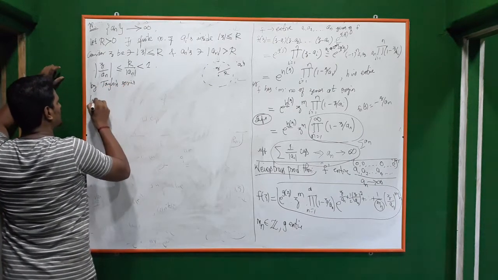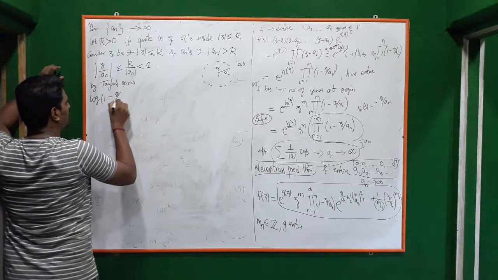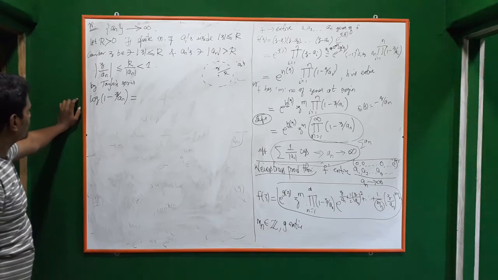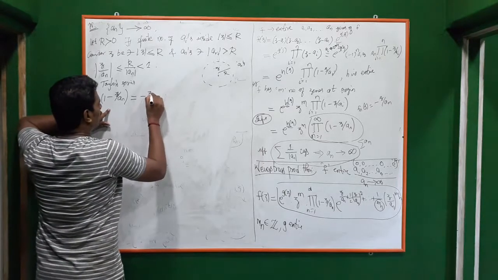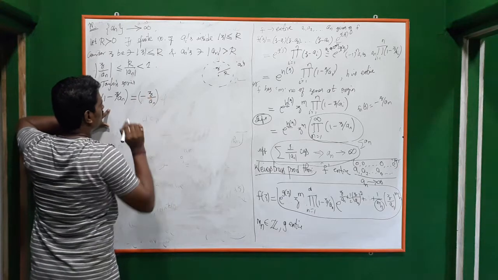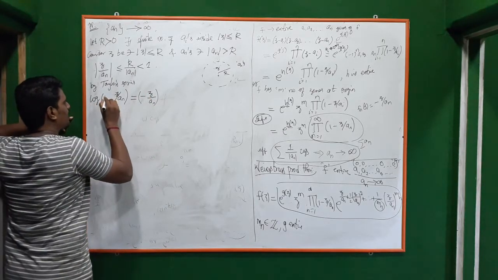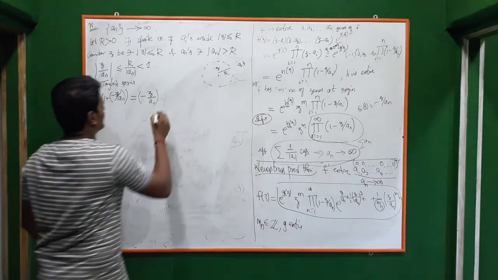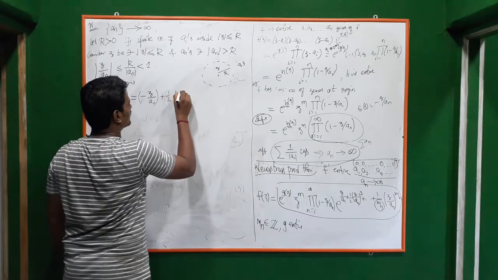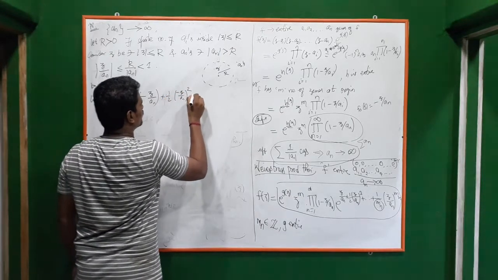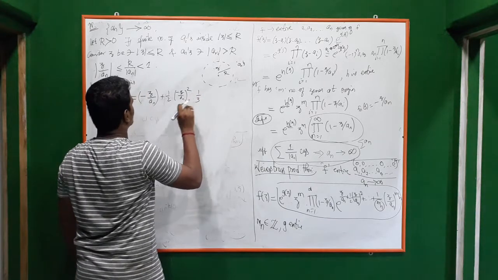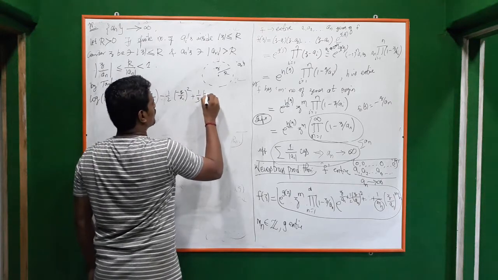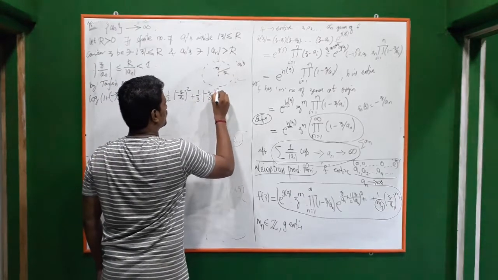of log(1 − z/a_n), this way: log(1 − z/a_n) equals −z/a_n − (1/2)(z/a_n)² − (1/3)(z/a_n)³ and so on.